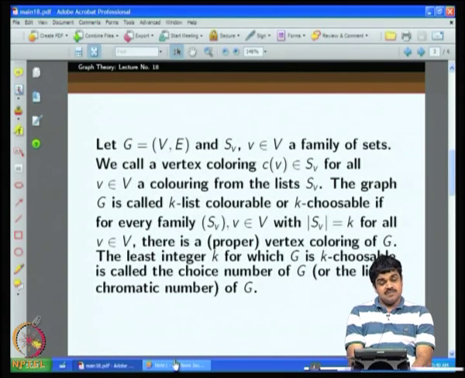The content of the list may be anything, but how many colors are in the list is known, k. We should be able to say that irrespective of whatever is in the lists, as long as the list sizes are at least k, we can come up with a coloring where each vertex's color is from its list, and it is a proper coloring. In that case, we say that the graph is k list colorable.